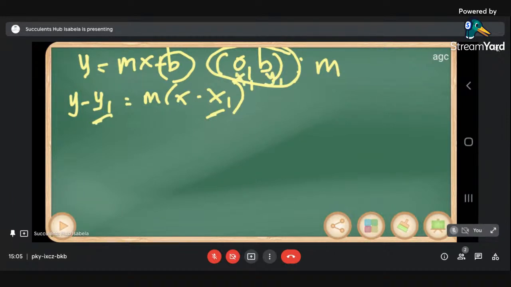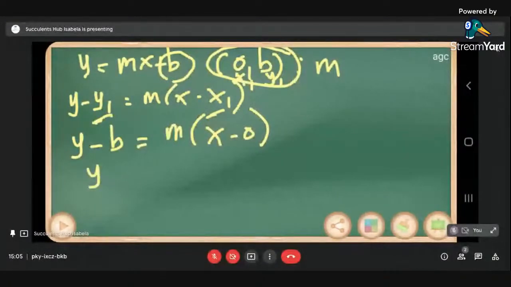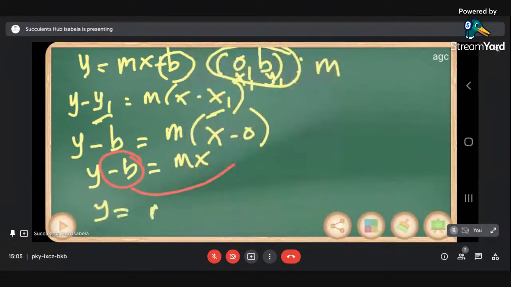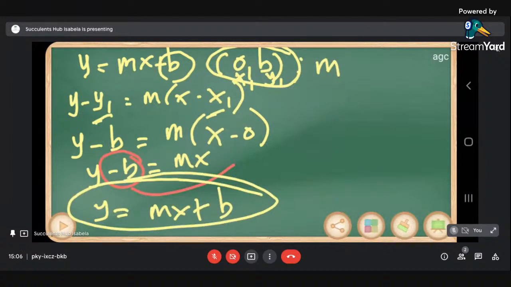Okay? So kung i-substitute natin, this will become y minus y sub 1, natin is b, is equal to m times x, ang ating x sub 1 is 0, minus 0. So this will be y minus b is equal to mx. So if you're going to transpose this to the other side, you will now have y is equal to mx plus b, which is the slope-intercept form of the equation of a straight line.